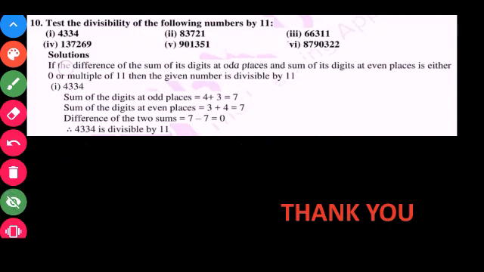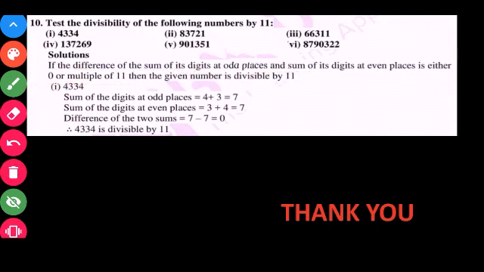If the difference of the sum of digits at odd places and the sum of digits at even places is either 0 or a multiple of 11, then that number is divisible by 11. Okay, so let's do question number first.